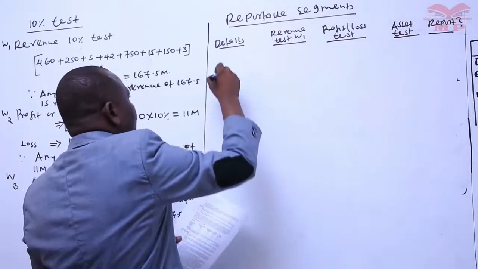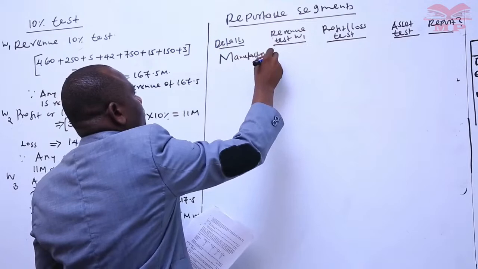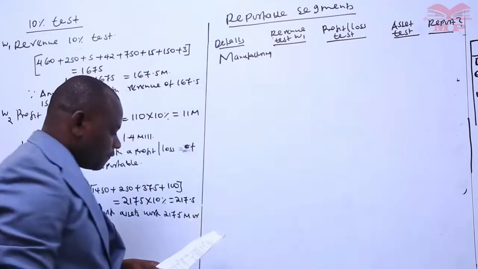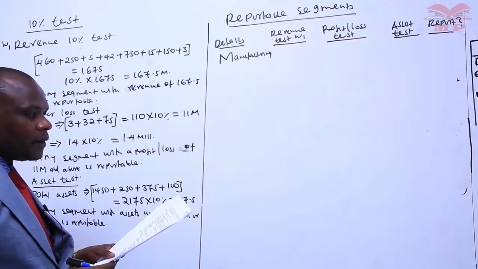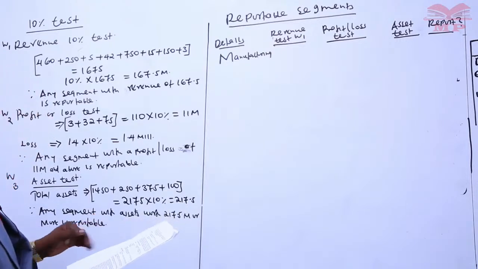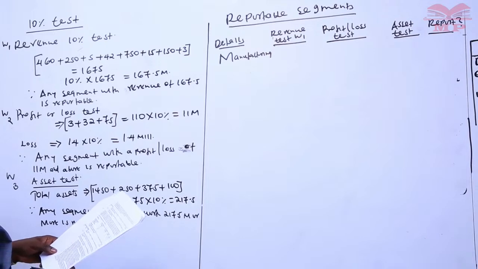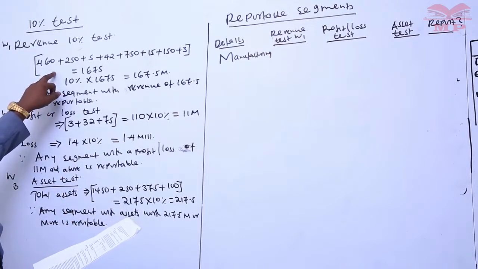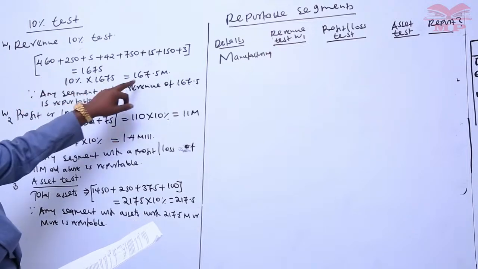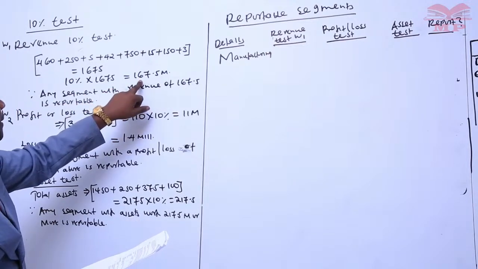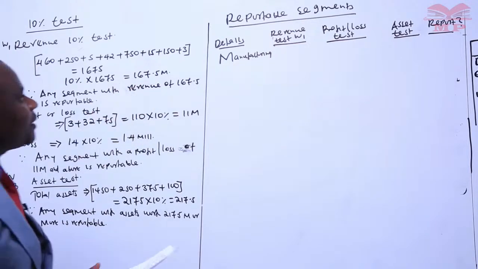So manufacturing, revenue test, what is manufacturing? Total revenue, 460 plus 250 is 710. Our revenue here is the 10% test is 167.5. So it has surpassed that by far.